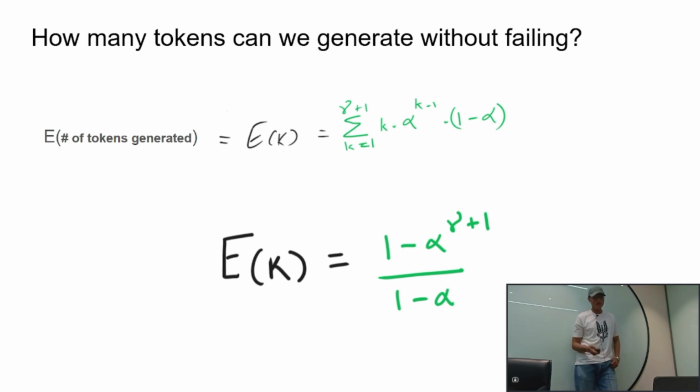Now, for those who are keen on mathematics, you might be asking why the limits of the summation go from 1 to lambda plus 1. Because if the model accepts all the tokens that we have, then we have lambda tokens from the small model plus one additional token that is generated by the large model.